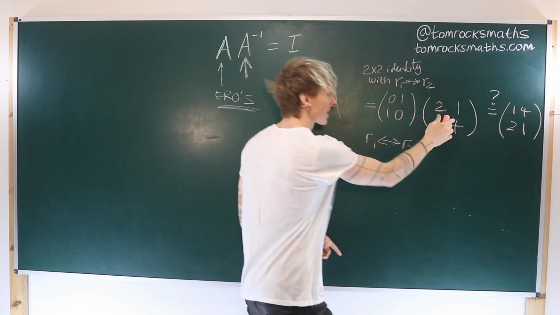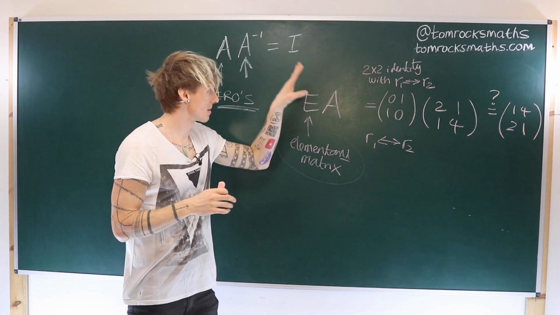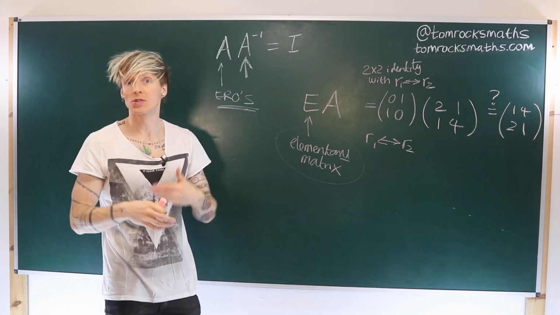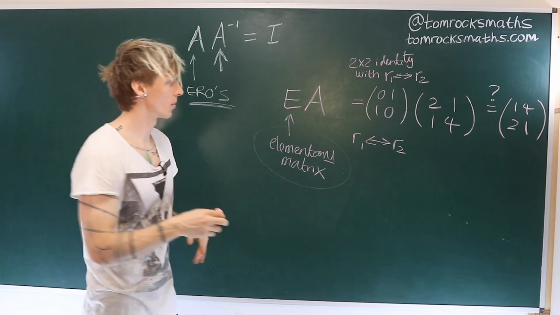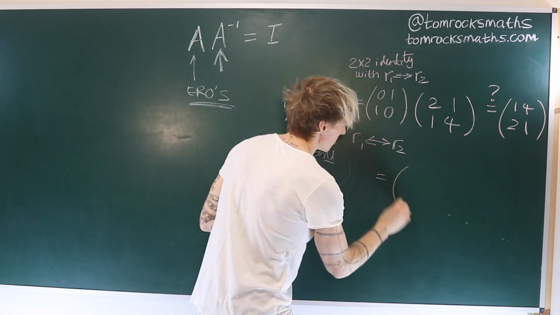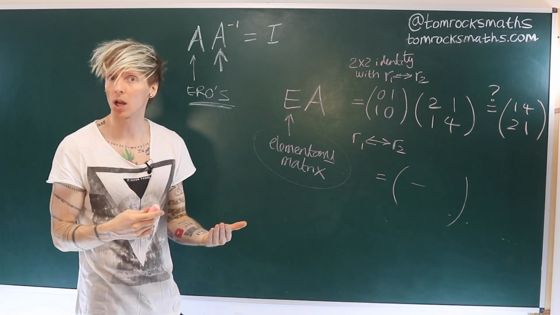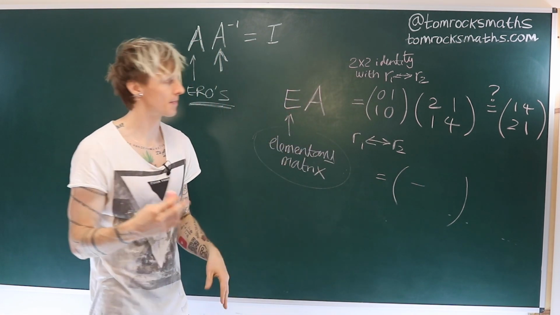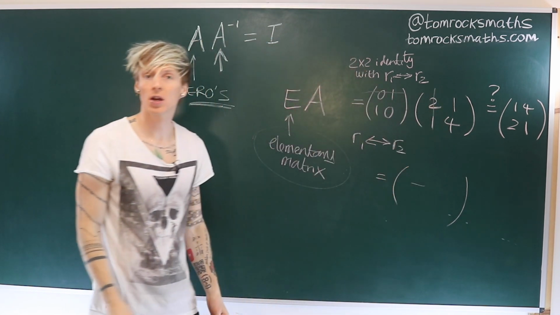Now let's check that multiplying these two together does indeed give us the matrix A with 2 rows swapped. Now remember, when doing matrix multiplication, we want to know the first entry here. So this is the first row and the first column of our output matrix. So we take the first row and multiply by the first column.